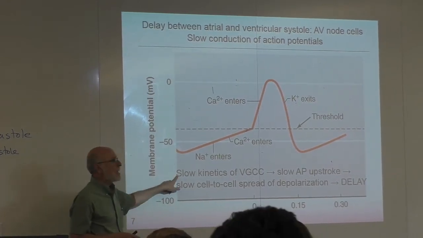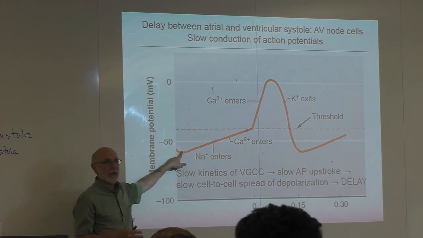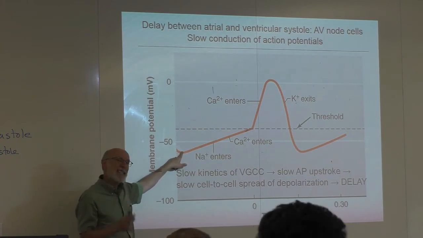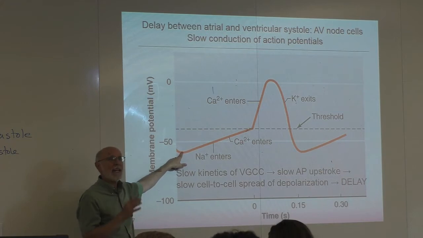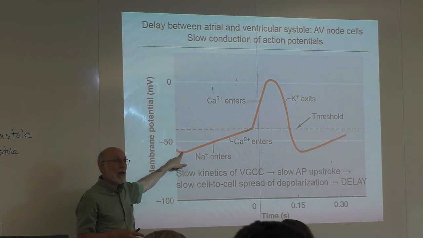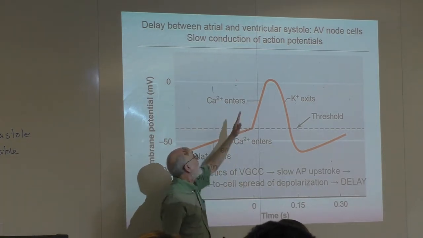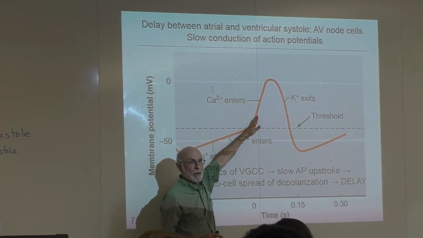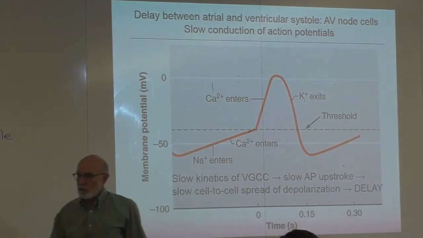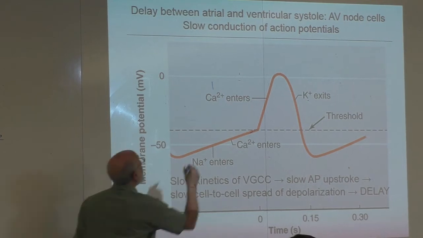The idea is that AV nodal cells are almost exactly equal to SA nodal cells. They don't have open sodium channels. They have slow depolarizations, but most importantly, they have slow upstroke. This is the most important thing for the AV node.